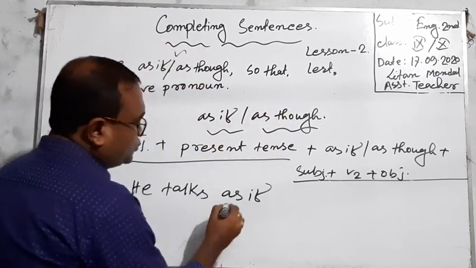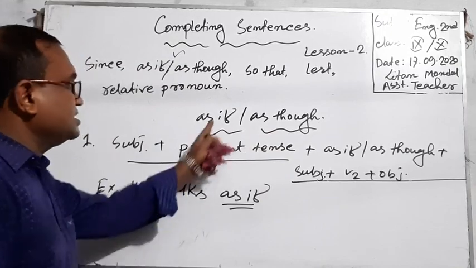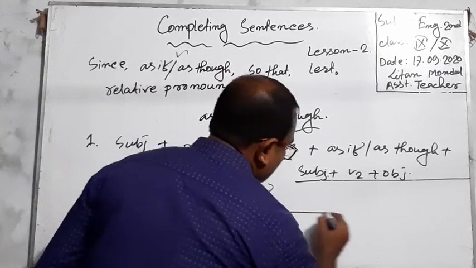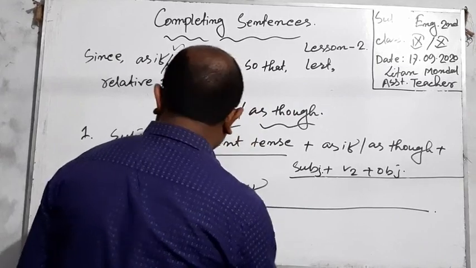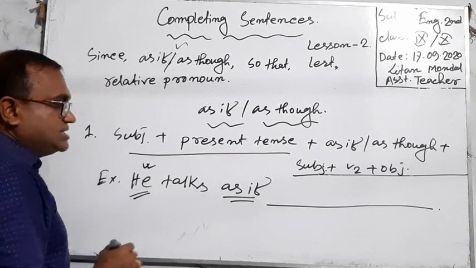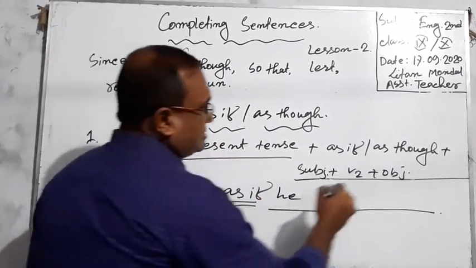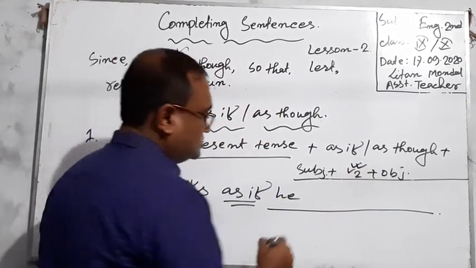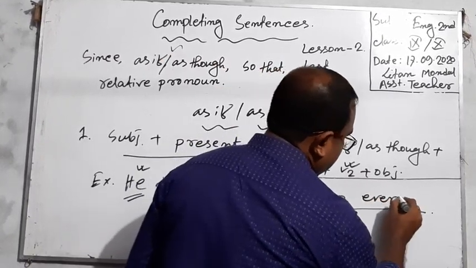From as if and as though, I have used as if. You may use as though, no problem, because these two give the same meaning. The first clause starts with the subject he, and the second clause will also start with he. Then I need a verb, and the verb must be past form, knew, and then the object, everything.